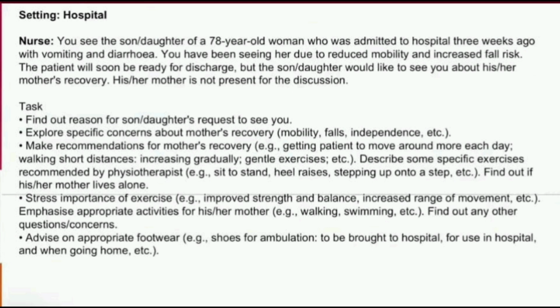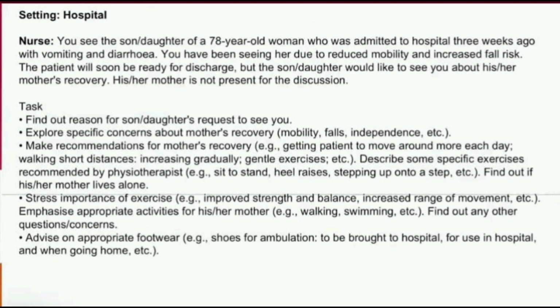Okay, so next, the first task will start here: find out the reason for the son or daughter's request to see you. So now here we have to find out. We can say, how may I help you? Actually, here Susan is the mother's name, so we can talk directly with the daughter.